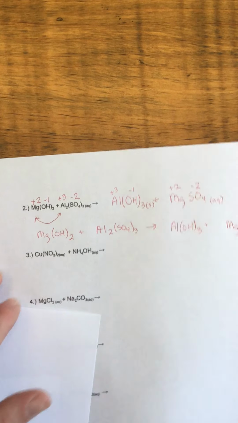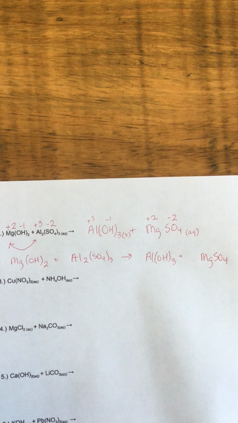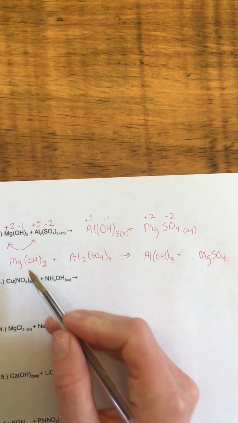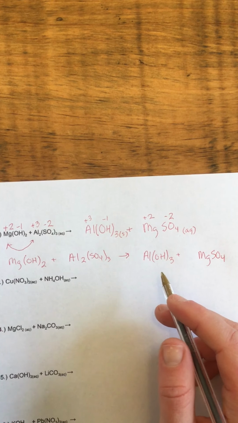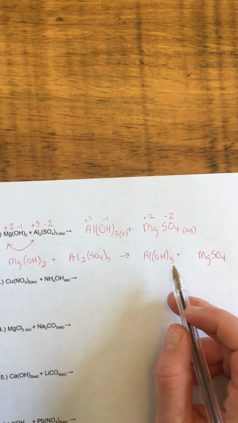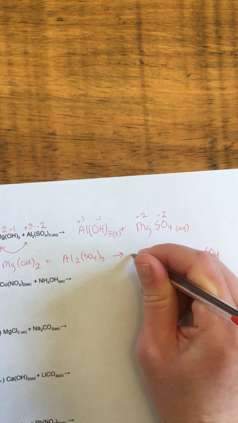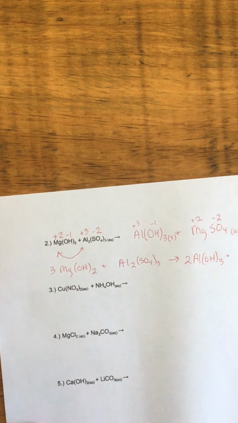So at this point, I need to look and see, are there the same number of magnesium on both sides? Right now it looks like there are. However, the hydroxide, on this side I have 2, on this side I have 3. So I need to use 6 as my common multiple and have there be 6 on each side, which would mean I put a 2 in front of aluminum hydroxide and a 3 in front of magnesium hydroxide.